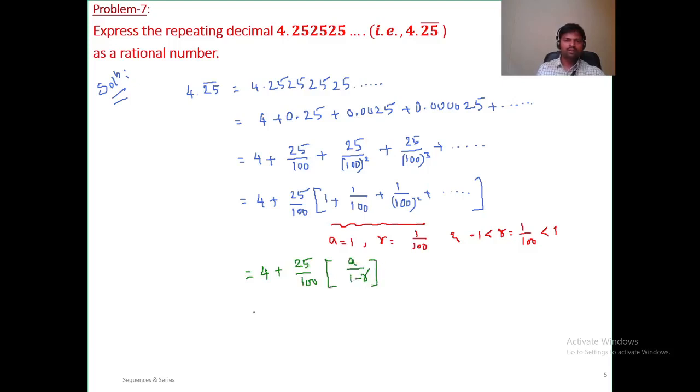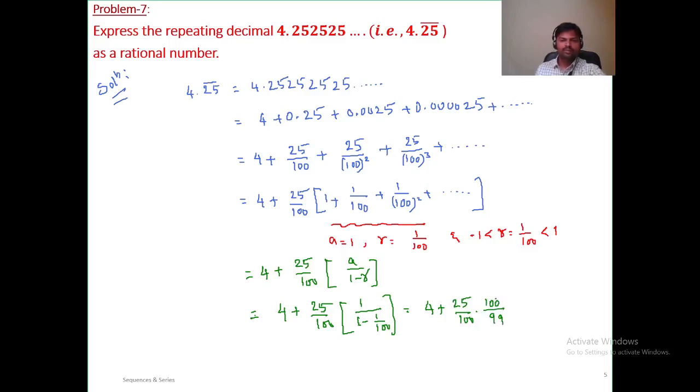That is nothing but 4 plus 25 by 100 times 1 upon 1 minus R, that is 1 minus 1 by 100. This is nothing but 4 plus 25 by 100 into, 1 minus 1 by 100 is 99 by 100, so 100 by 99 if you take the reciprocal.